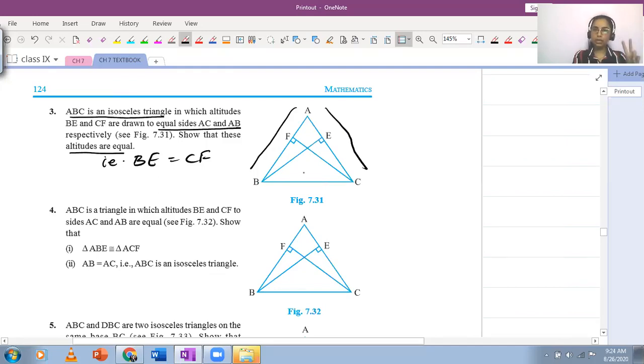You will pick two triangles and make them congruent. Once you've proved those two triangles congruent, you should be able to write down by CPCT BE equals CF. So that means you need to take those triangles in which BE and CF actually are the sides. Only then can we write CPCT. So first thing, which triangles to take in which BE and CF form sides.